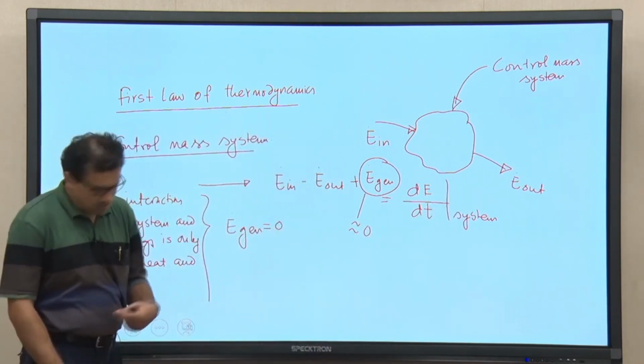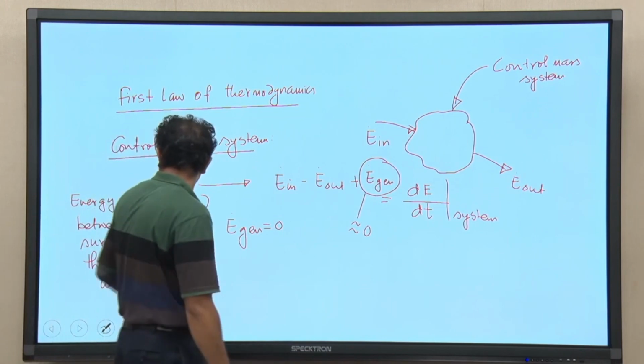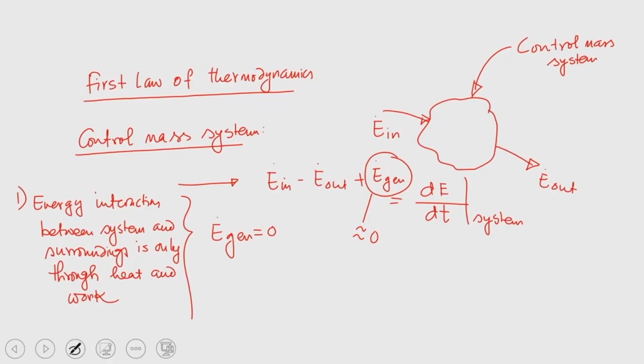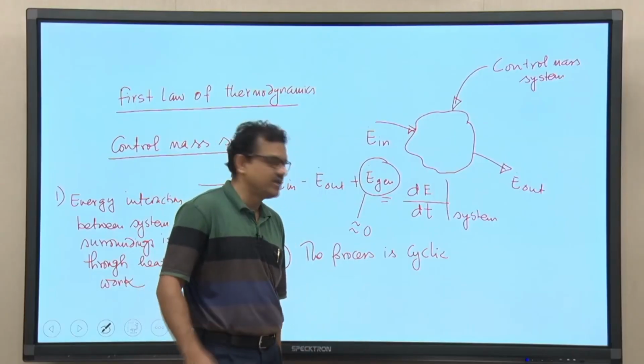Now, you can assume this is one assumption, and if you can also consider that the process is a cyclic process. I am not going to describe this because you have learned about the different processes: reversible process, irreversible process, cyclic process, so many processes.